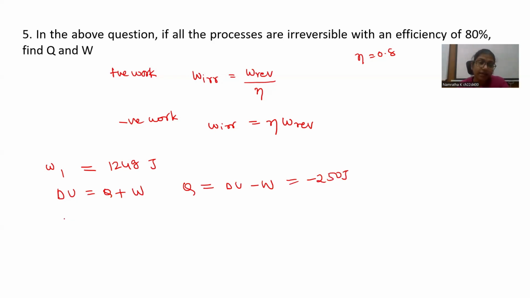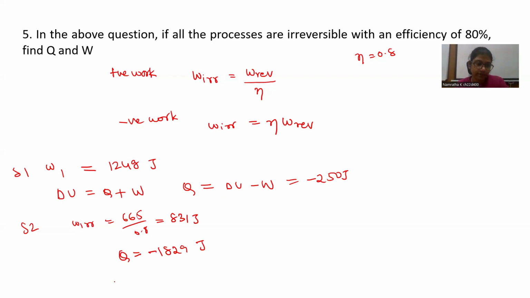Okay. And if this is the step 1, if it is step 2, now you will get work irreversible is equal to similarly 665 by 0.8. So we will get 831 joules. Now again you will derive the Q. Delta U and delta H won't change even if it is reversible or irreversible because they are not path functions. Now you are defining Q, which is minus 1829 joules you will get.